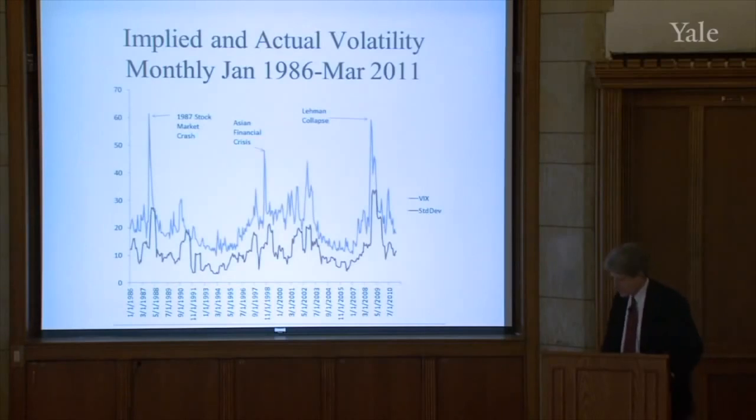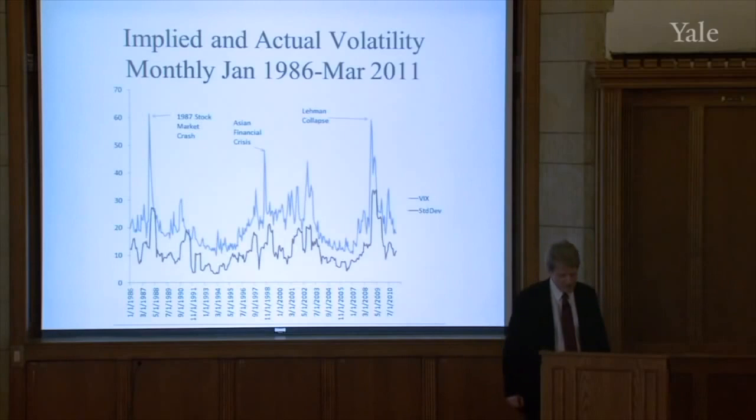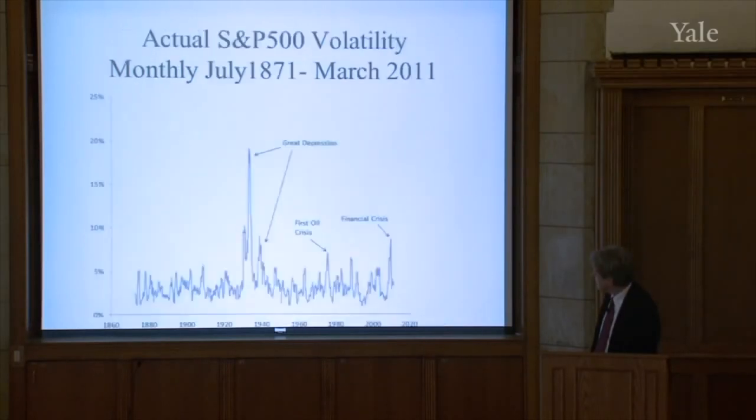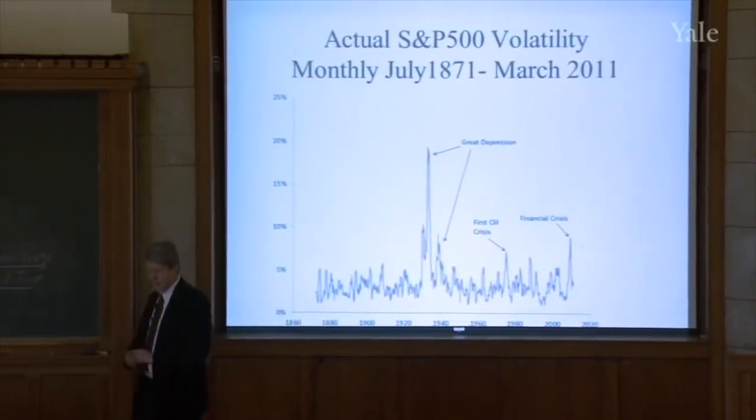Now, I wanted to show the same chart going back even further, but I can't do it with options prices because I can show volatility earlier, but I can't show implied volatility before around 1986 because the options markets weren't developed yet. But I computed an actual S&P composite volatility.